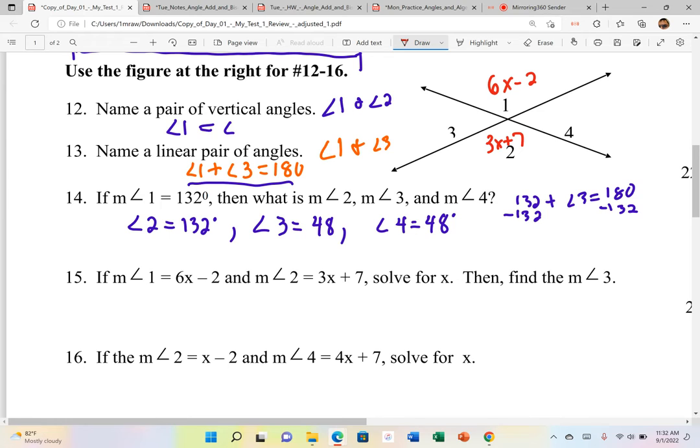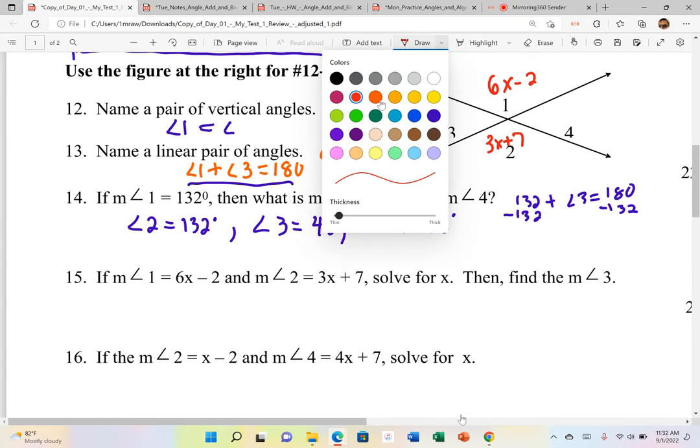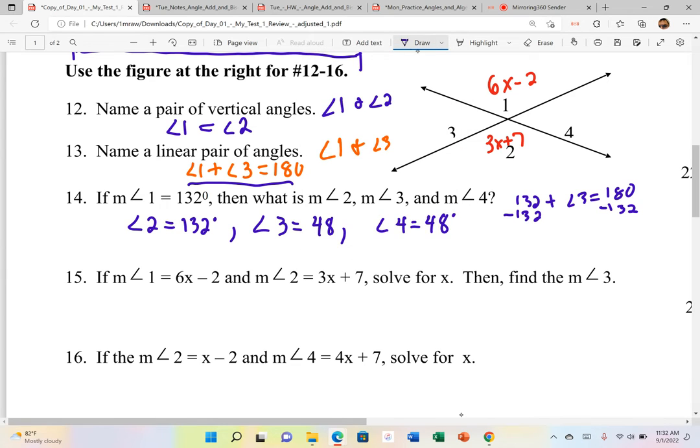Good, they're vertical angles, so therefore they're congruent. Congruent means they're equal, right? So angle 1 equals angle 2, just like we said earlier. So 6x minus 2 is equal to 3x plus 7. x equals 3.